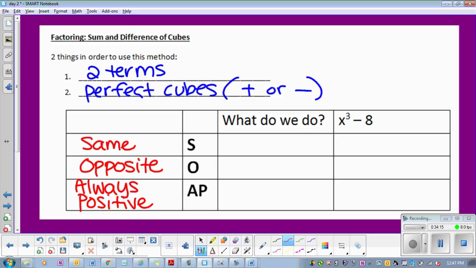Okay, so what do we do? Well, I'm just going to lay out everything and then we'll do the example. It follows this type of pattern. You're going to have a binomial and a trinomial together. So you have two parentheses for this, but the first one only has two terms. The second one has three terms.